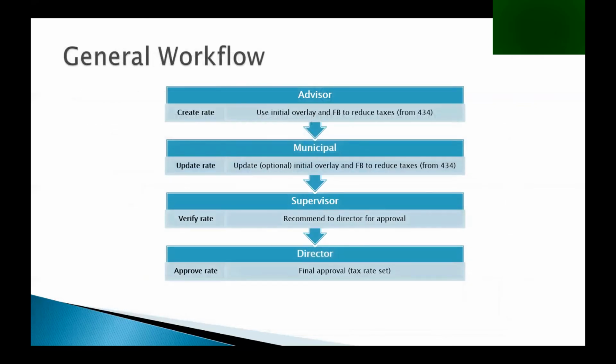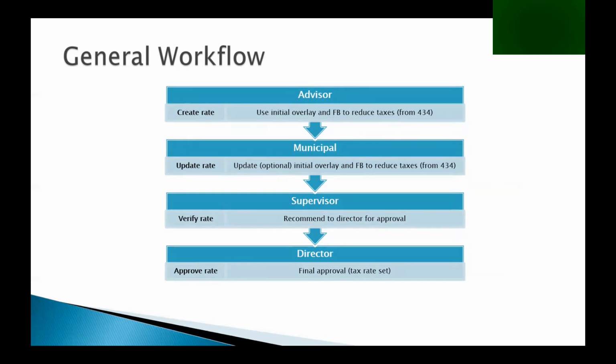The general workflow for these tax rates starts with your advisor. They're going to be working on draft rates, which use your voted appropriations, your revised estimated revenues, the information from the MS1, and any initial overlay or fund balance, which was on your 434.